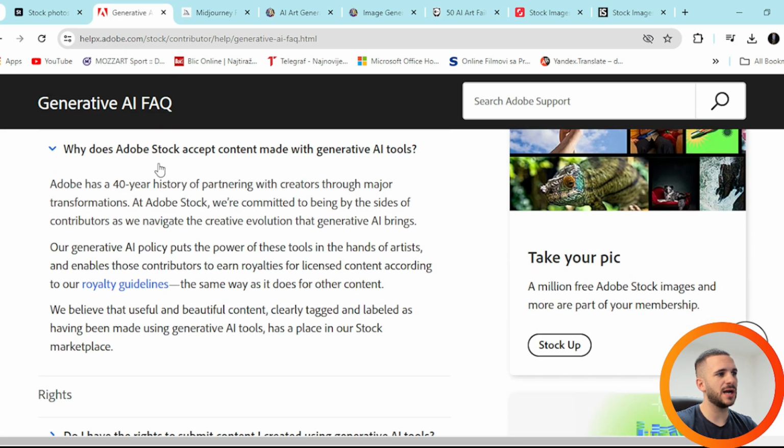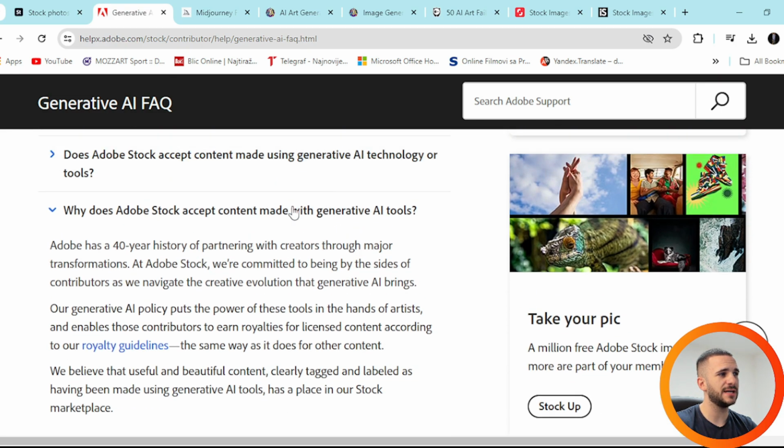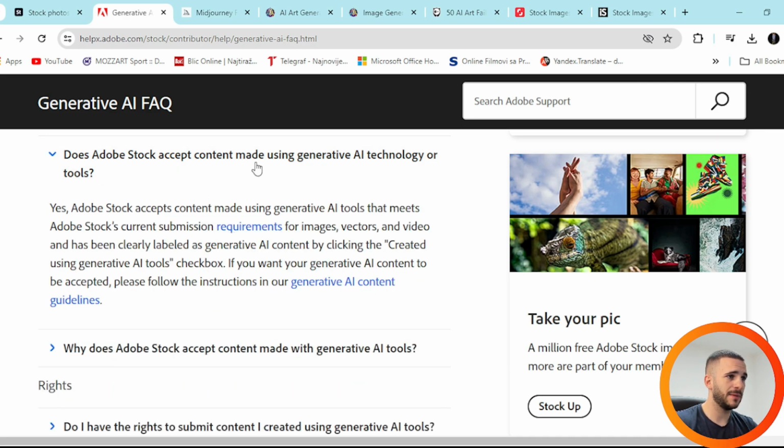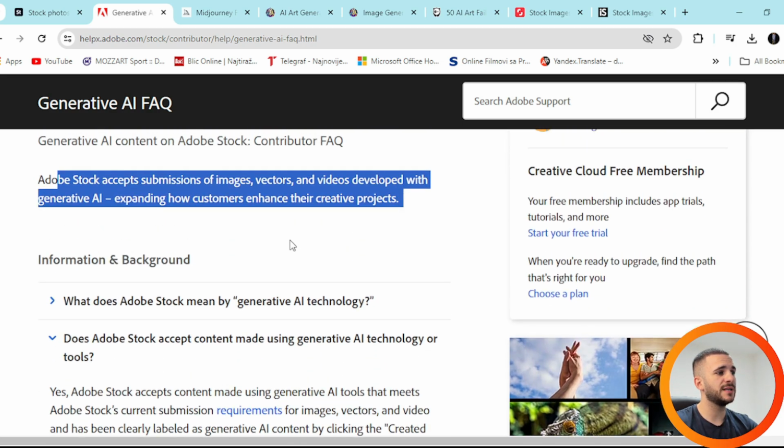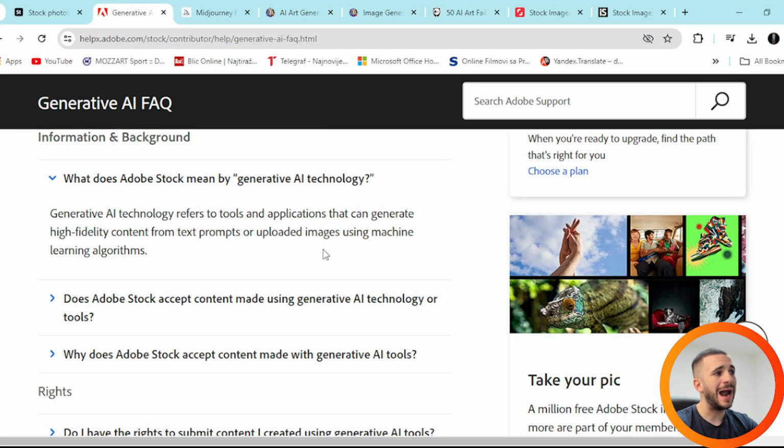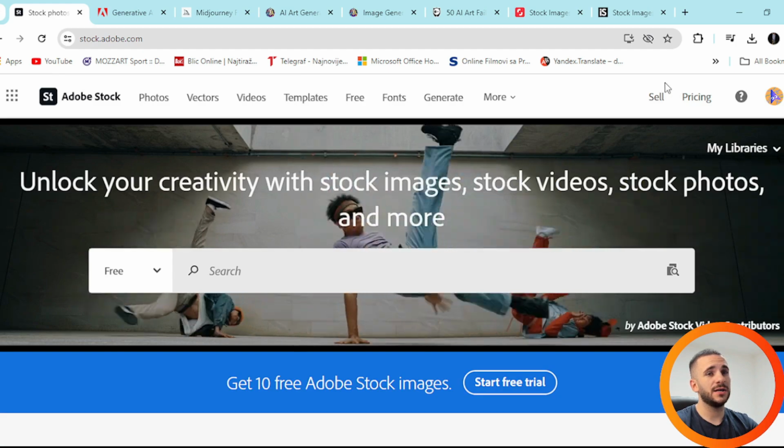Why does Adobe Stock accept content made with generative AI tools? Does Adobe Stock accept content made using generative AI technology or tools right here? And as well, what does Adobe Stock mean by generative AI technology? So you can check everything, guys, for yourself right here. Again, generative AI FAQ section. You can check it out, of course, for yourself.